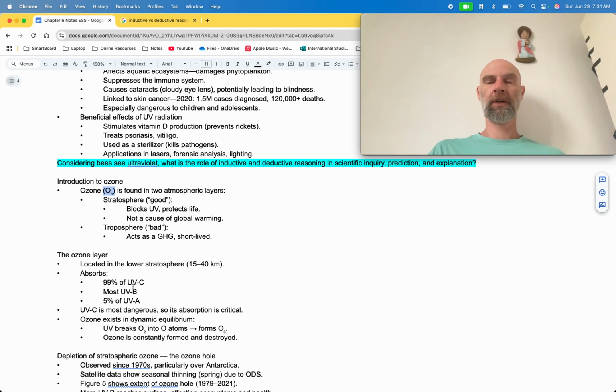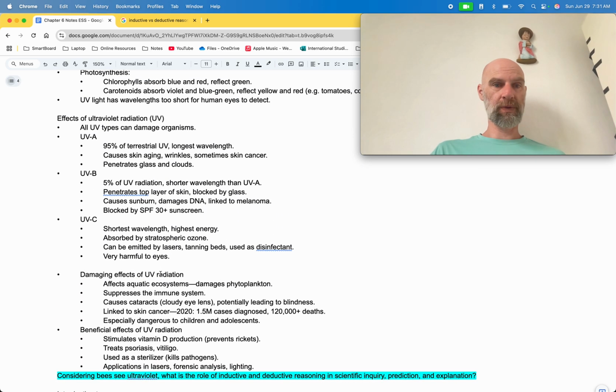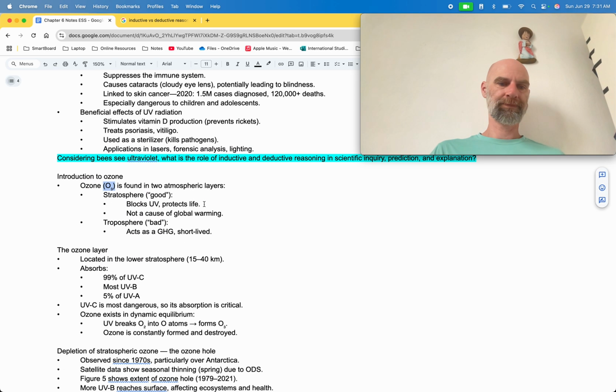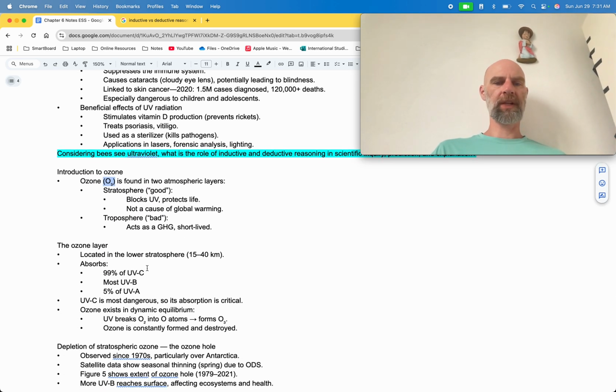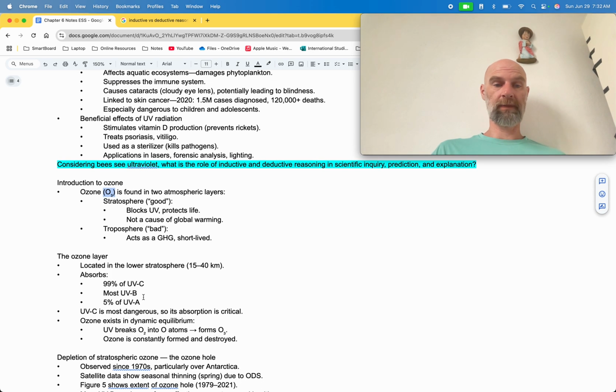This takes care of all the low-hanging fruit, but it still absorbs some of the UVA, but UVA, for my money, is probably the big problem. UVC is most dangerous, so its absorption is critical. I wish this absorbed a little bit more of the UVA, but the UVC, without that ozone layer, we are cooked.